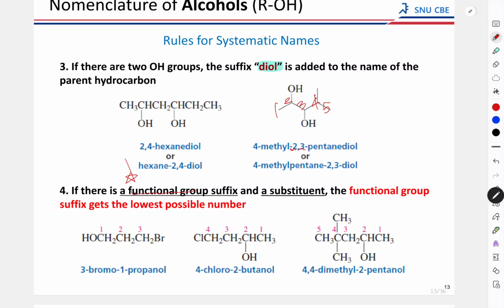You have a halide versus a hydroxy group. This halide is treated as a substituent, as we learned in the previous lecture. We were calling this bromo. But the OH, the hydroxy group, makes the name an alcohol, ol at the end of the day. This is a suffix. Suffixes and substituents are totally different. And you need to decide the numbering: this one is 1, 2, 3, or you can make this 1, 2, 3.